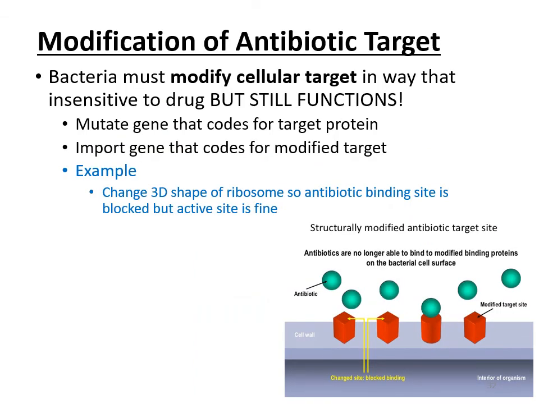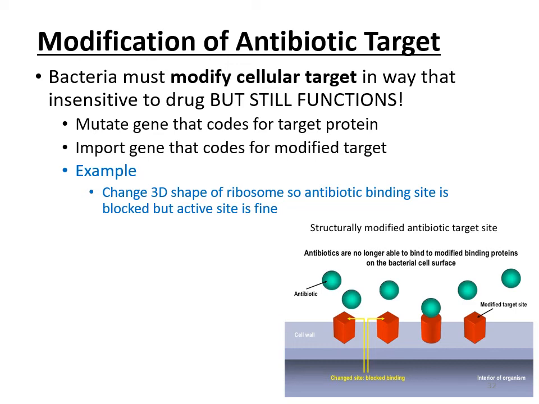The next example is modification of an antibiotic target. And for this one, this is the example I gave in terms of if the target in that cell happens to be a different shape, okay, or let's say missing a particular receptor, the antibiotic is unable to recognize and bind to it, which means the antibiotic can't do its job of killing the bacteria.